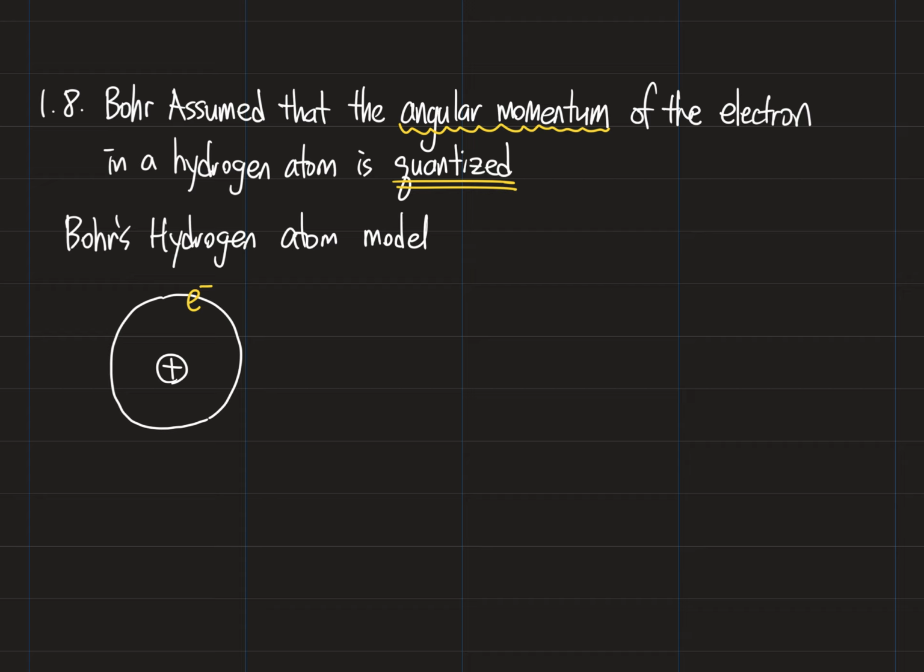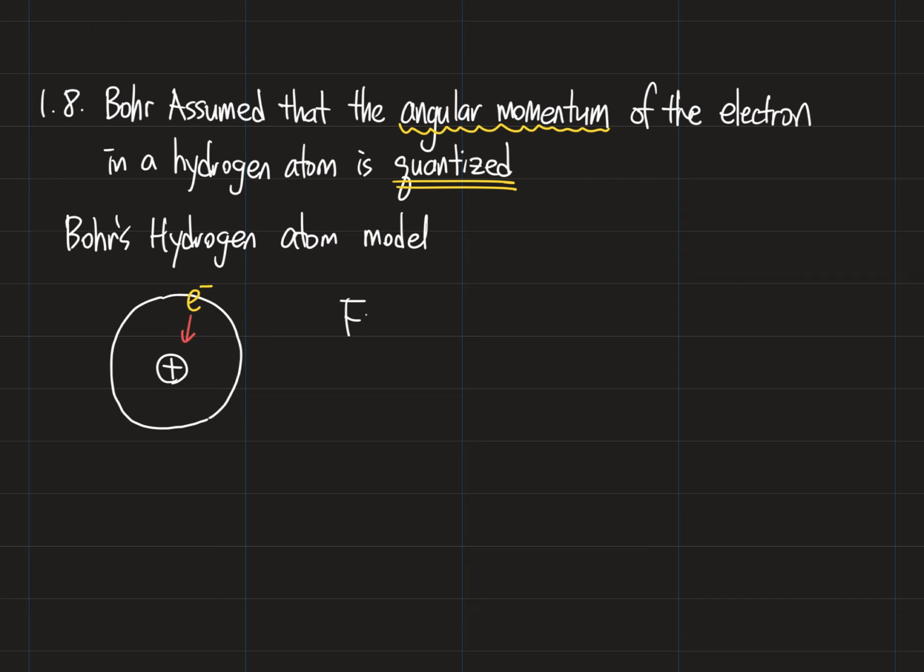This orbit is maintained by a balance of two forces. There is a Coulombic attraction between the positively charged nucleus and the negatively charged electron.